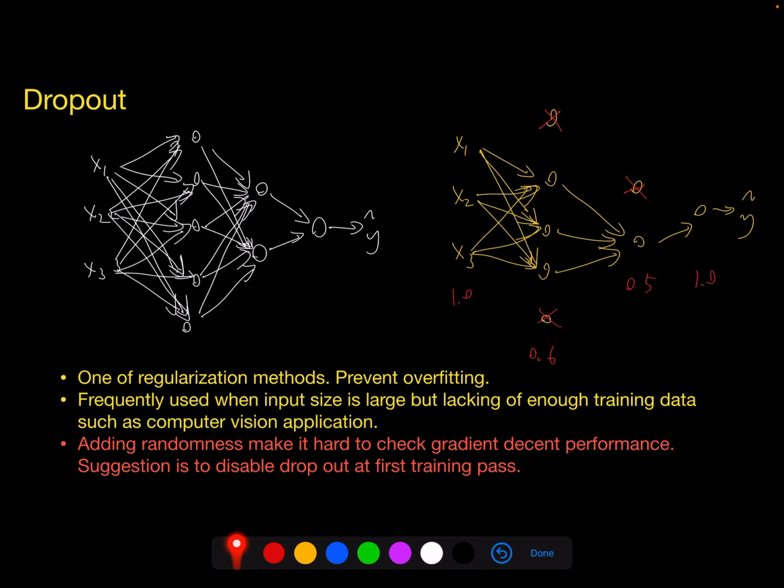If you have enough training data, you might not need to bother with this technique, because in this way we are adding randomness, which makes it harder to check gradient descent performance during your training stage. If that happens, the suggestion is to disable dropout at the first training pass. Once you get more stable gradient plots, then you enable dropout to prevent overfitting.